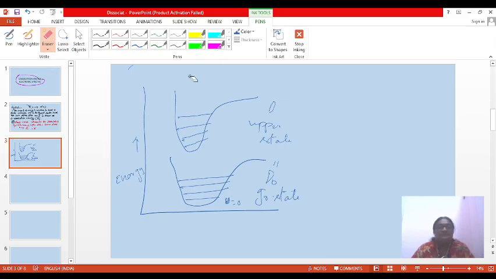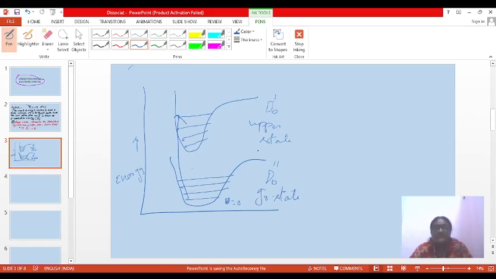This is the T0 single prime. The transition takes place from the lower state to the upper state.